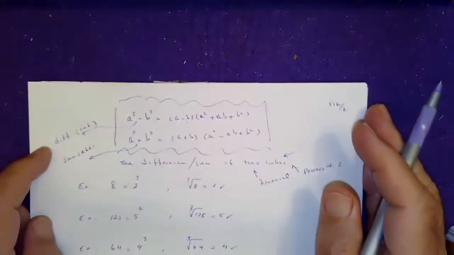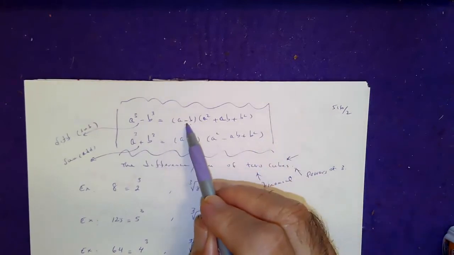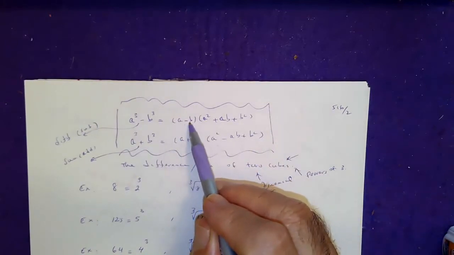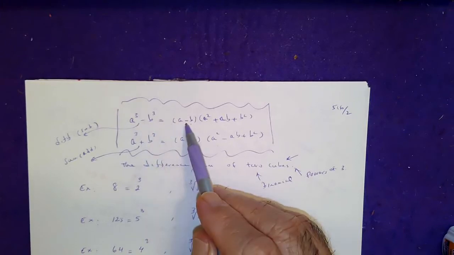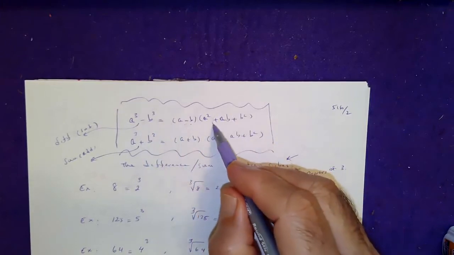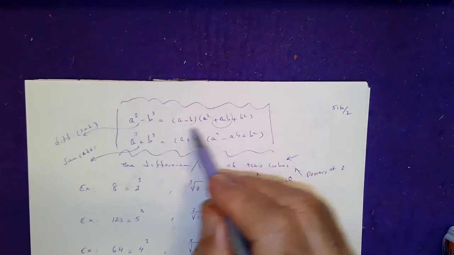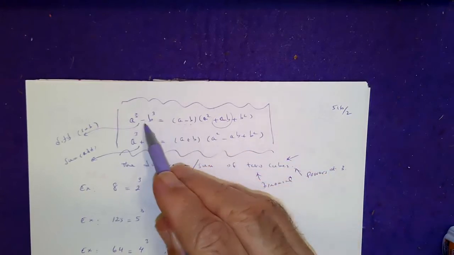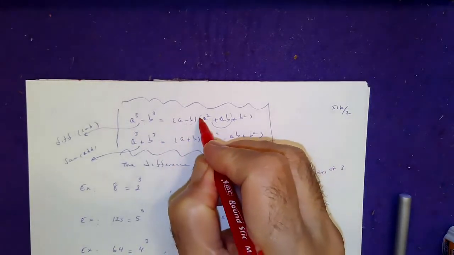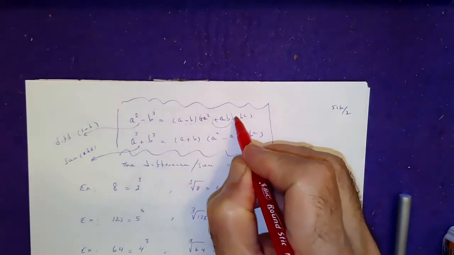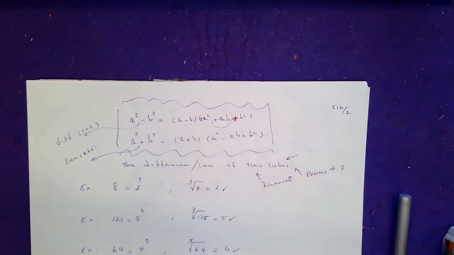The way the signs work goes as follows. The first little parentheses always takes the same sign as the original. The middle term, which is a times b, would be the opposite sign of what you started with. And a squared and b squared will always be positive no matter which form you have.